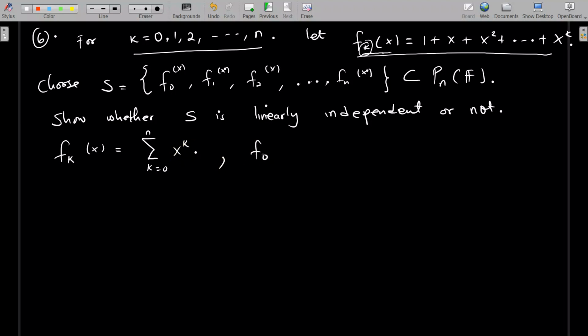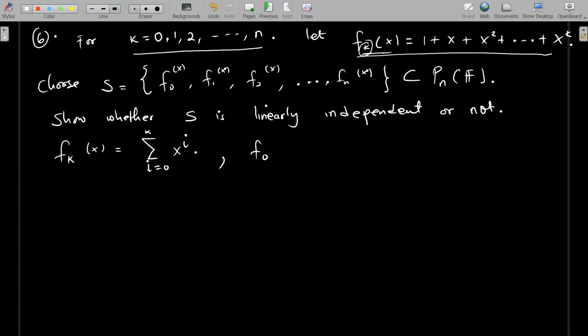So f sub 0 is going to be k starting from 0... I think I actually defined this wrong. This side is supposed to be k, and this is the summation with i equals 0, and this guy is also supposed to be x to the power i.